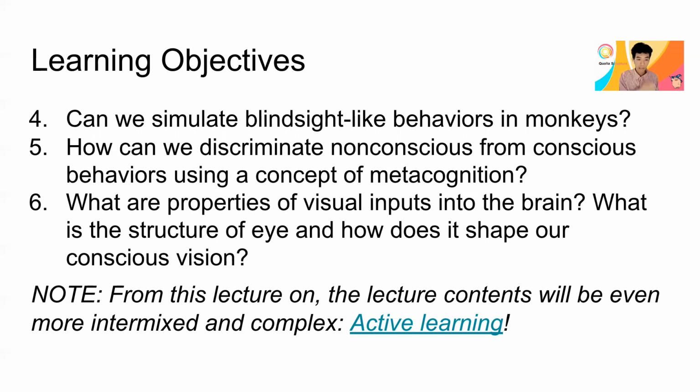This kind of intermixed and complex style of teaching is called the active learning style, and it's supposed to improve your learning ability and critical thinking. So I hope that you like it.